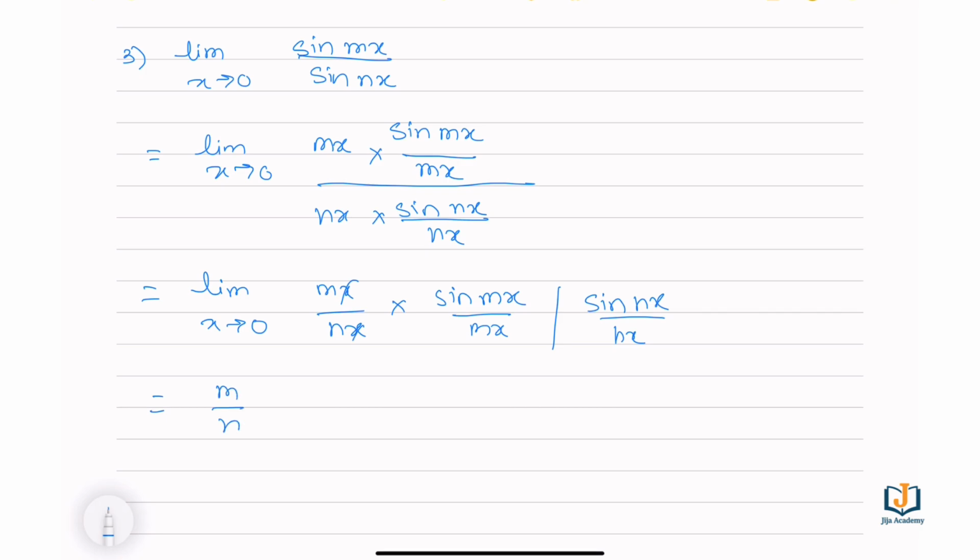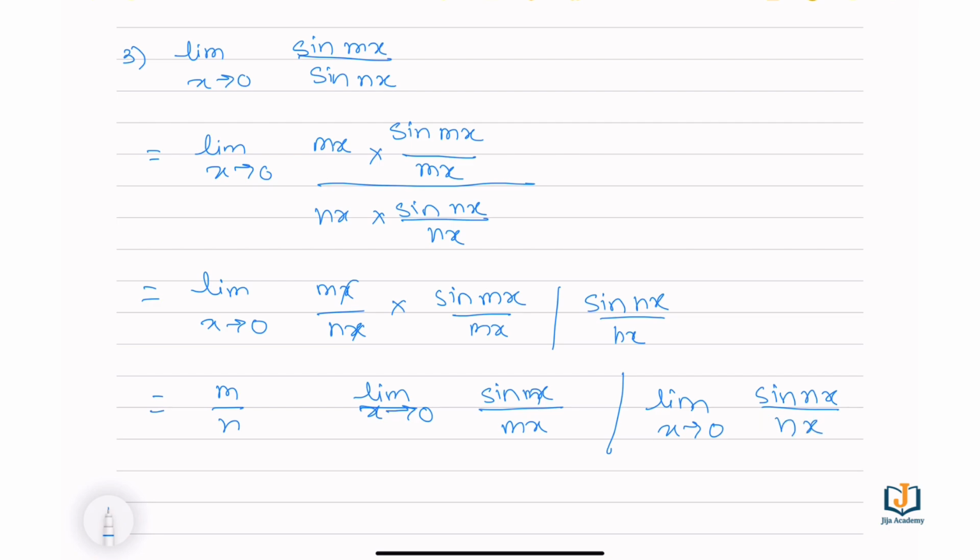Now limit x tends to 0 sin mx divided by mx, divided by limit x tends to 0 sin nx upon nx.